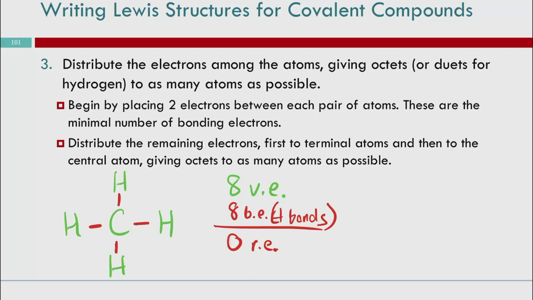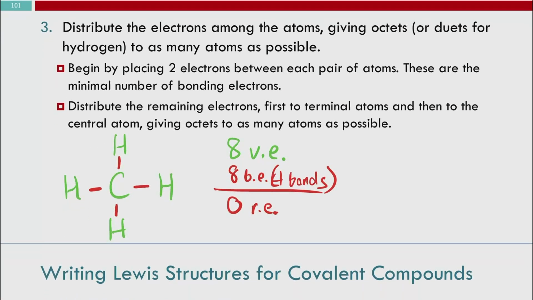If we had any left over, we would distribute those remaining electrons to our terminal atoms first, and then any leftovers to our central atom. We'll see examples of that. And the goal, again, is to get full octets.